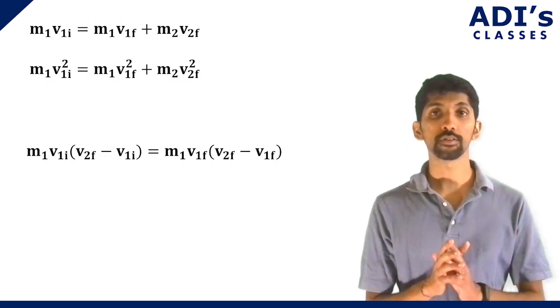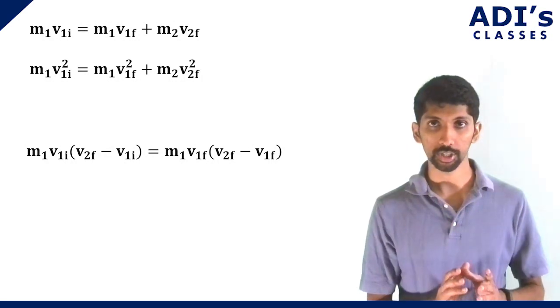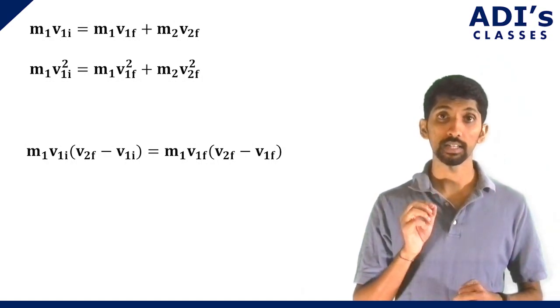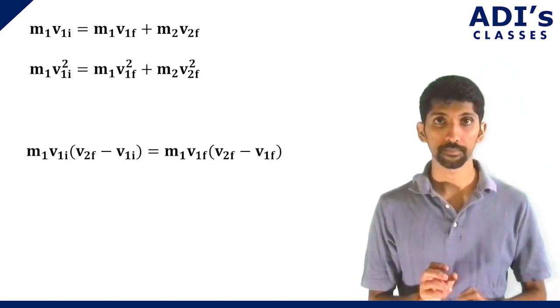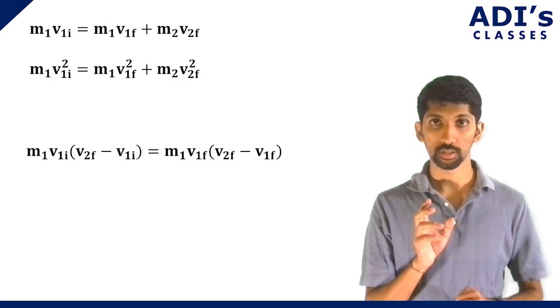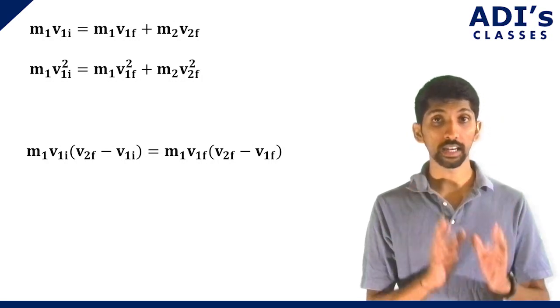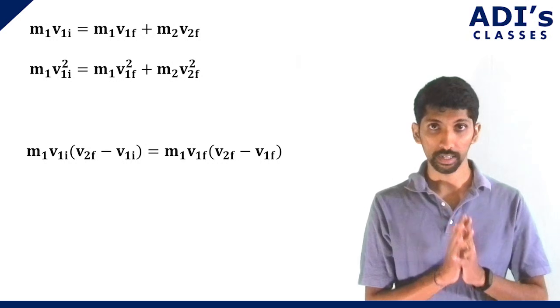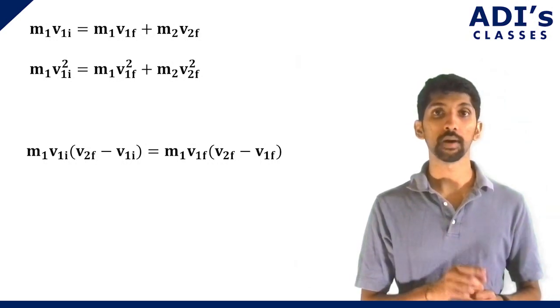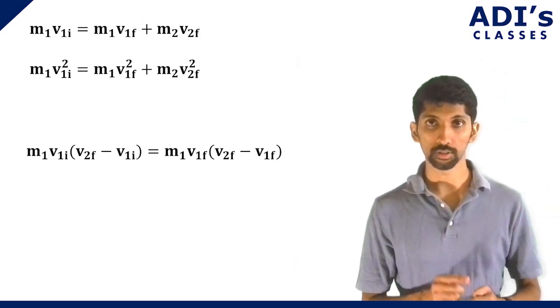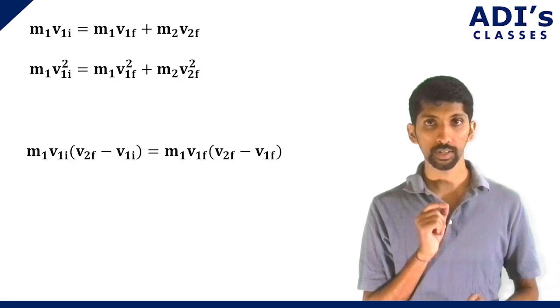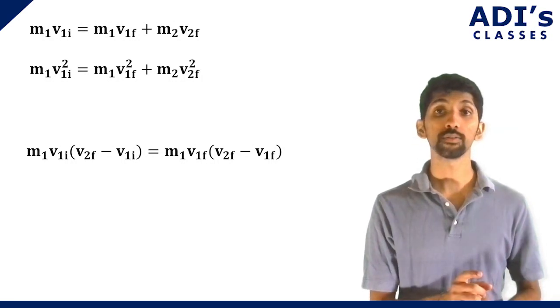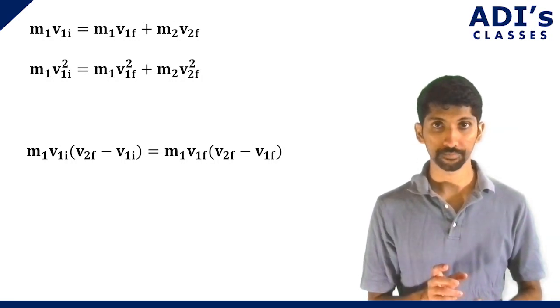I want you to just look at the equation and try to understand what exactly is happening. Again I'll repeat the equation: m1 v1i into v2f minus v1i is equal to m1 v1f into v2f minus v1f.